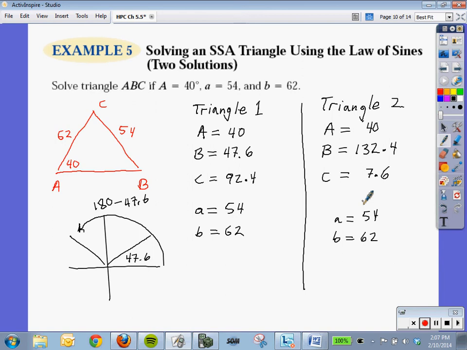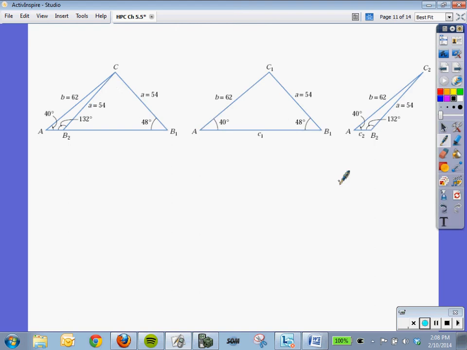But let me give you a visual of what's going on here. Here we have this given information. We have angle 40 is here, 54 here, 62 is here. First thing we did was find angle B. So what happens here, you guys, is there's two possible triangles that are made. Here we have the larger triangle, and here we have the smaller triangle.